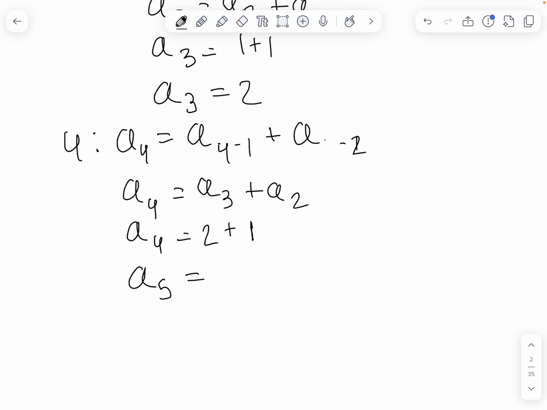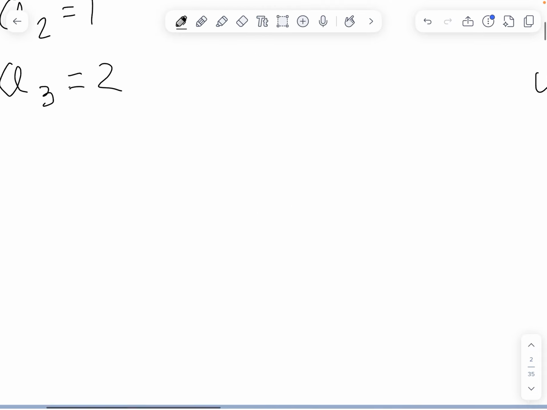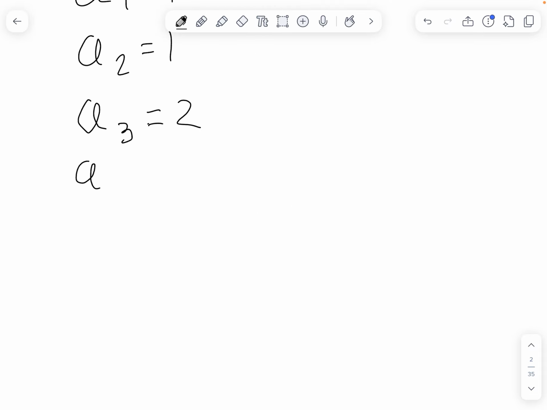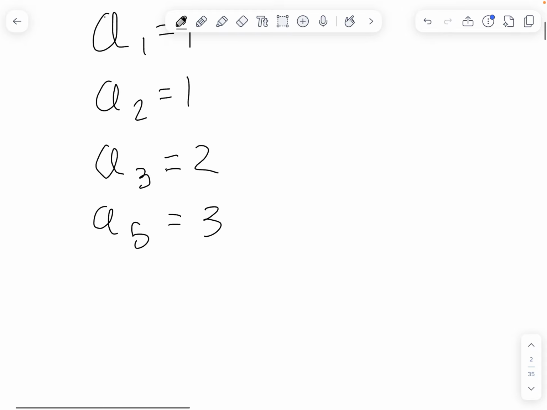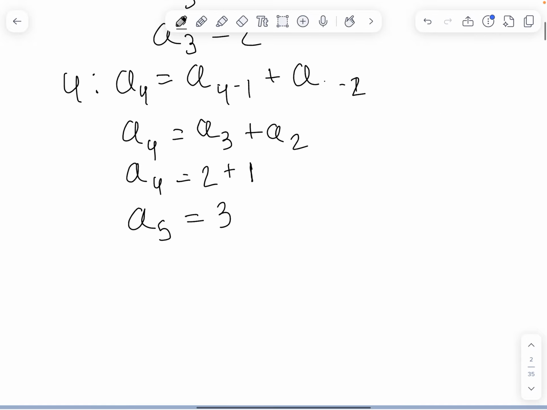So A of 4 equals 3. And for A of 5, this is really simple.